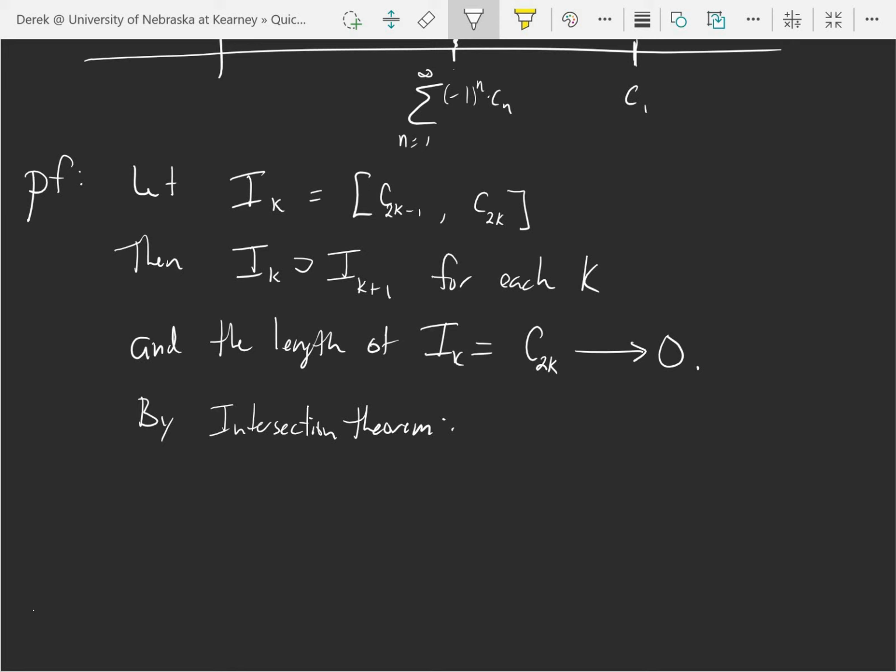That would be 2.38. The intersection of these intervals is non-empty.